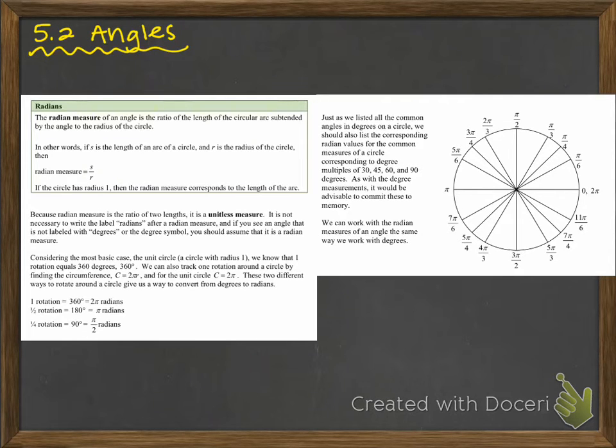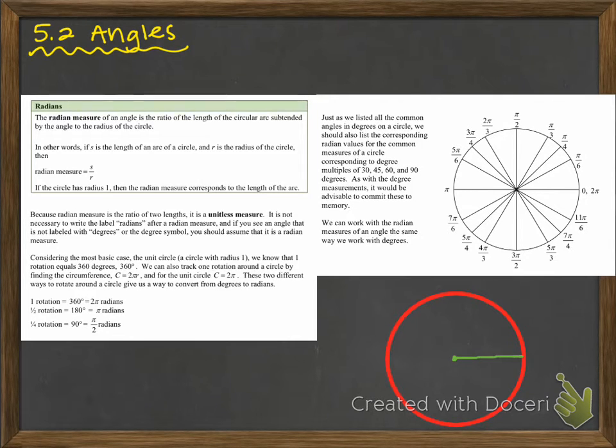So if we have a circle, let me draw one right here. It's talking about the ratio of the length of the circular arc subtended by the angle. So let's find the middle of our circle here.